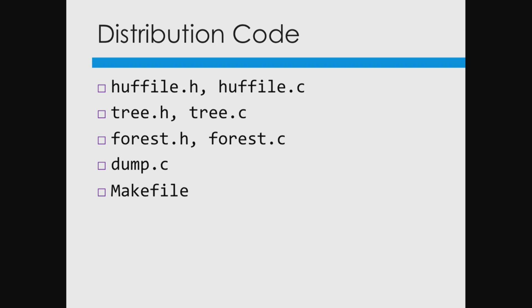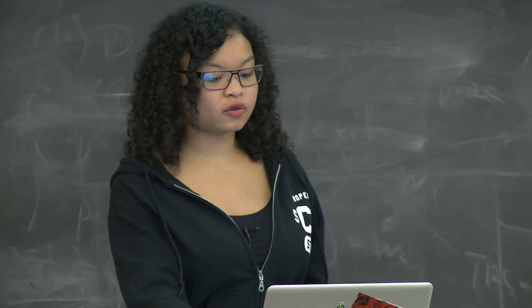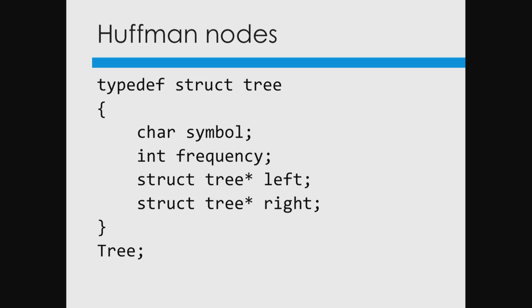And so once we've gotten through that, here's just another reminder of basically how we're going to be dealing with the Huffman nodes. We're not going to be calling them nodes anymore. We're going to be calling them trees, where we're representing their symbol with a char, and their frequency, basically the number of occurrences, with an integer. We're using that because it's going to be more precise than a float.